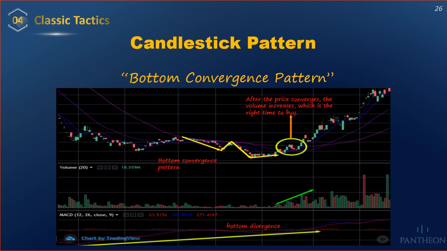So in practical application, we need to constantly summarize similar methods, because only through continuous summarization can we develop our own high winning rate method. As I told you before, we have different kinds of traders.